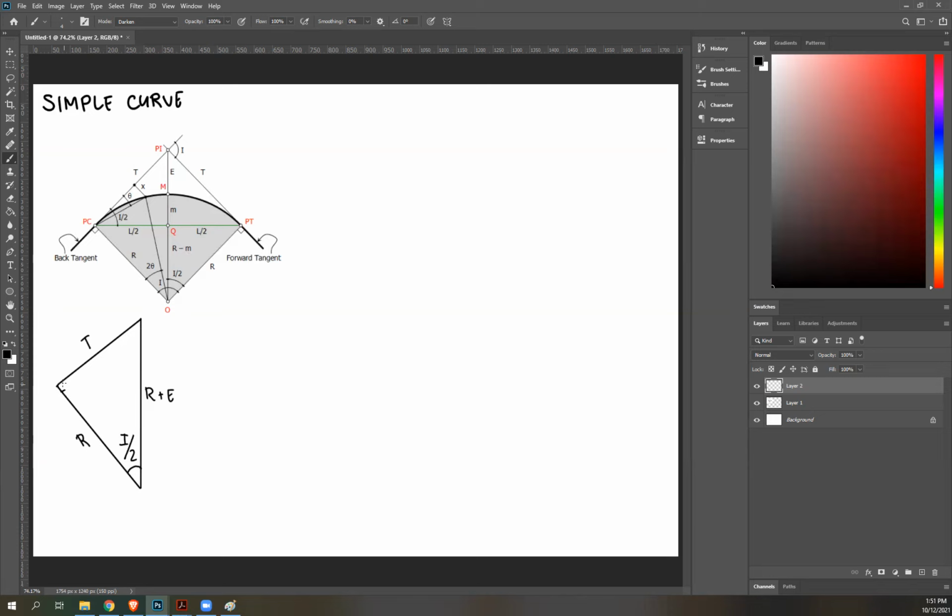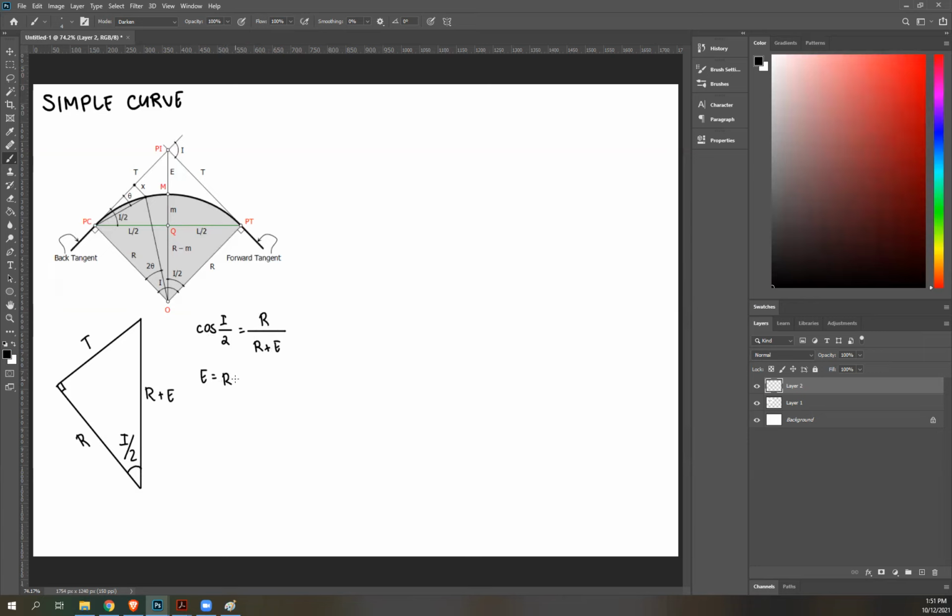Now, using trigo functions, we can create an equation for E by using cosine. So cosine theta, and theta is I over 2, equals adjacent, which is R, over R plus E. Solving for E, dividing R by this, we get R over cosine. 1 over cosine is secant, right?